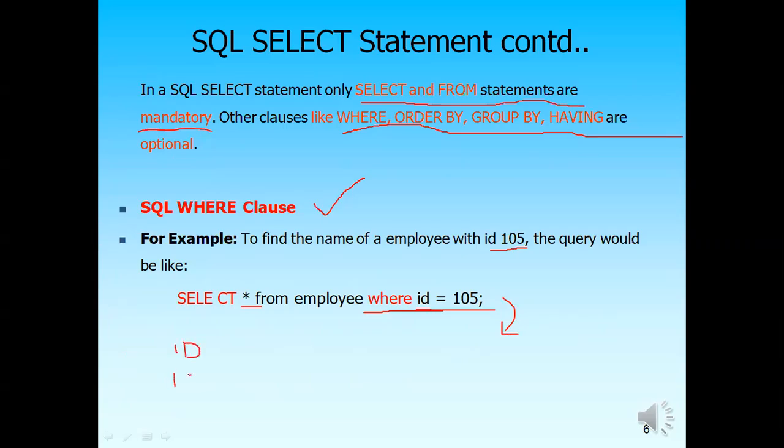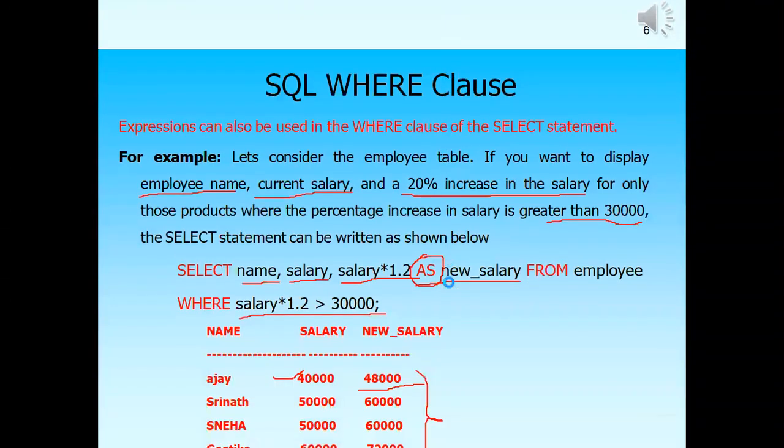So my ID will be 105. In the result, name will be there, and the employee name will be, for example, Vijay, and so on. So this query will retrieve only the information about the employee with ID 105. I hope you are clear with this.